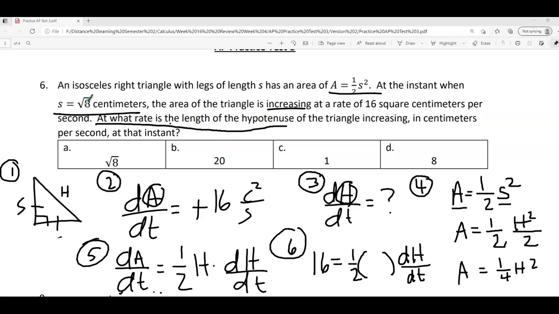So earlier we found out that s squared is equal to h squared over 2, right? Well, they're telling me that s is equal to the square root of 8. So I'm going to replace s with the square root of 8. Now, whenever you square the square root of 8, you're just going to get 8.